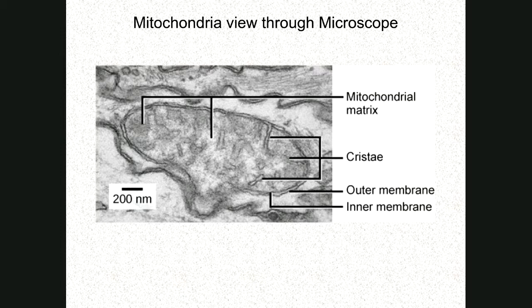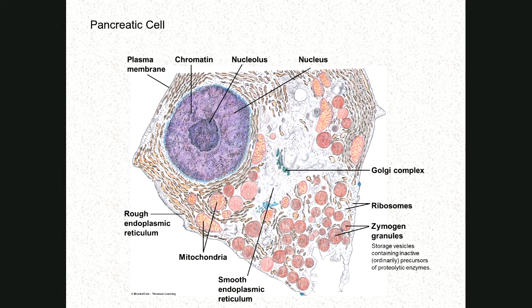So let's look at this pancreatic cell. If I give you this histology and ask you, can you recognize the structures? Yeah, I can. I know that this big thing over here is my nucleus. This is my nucleolus, over here this is my chromatin, and this fence around is the plasma membrane, and all this is my cytoplasm.